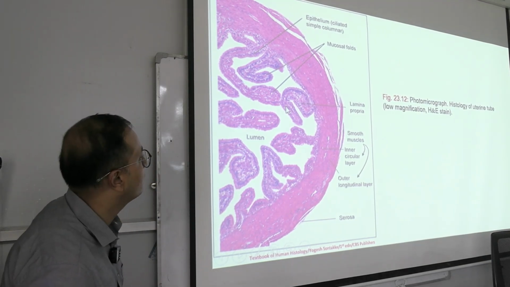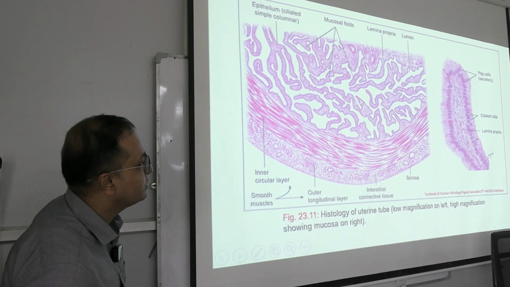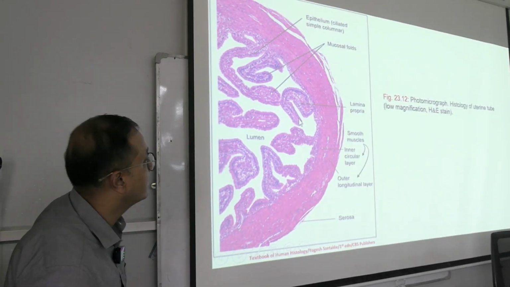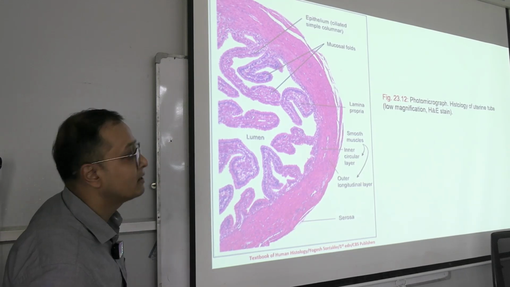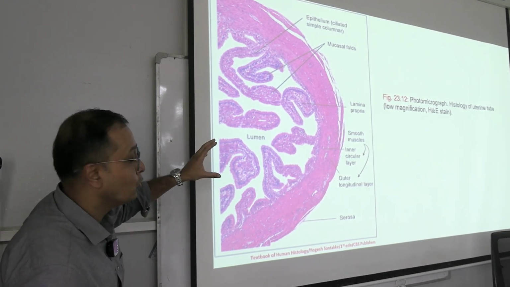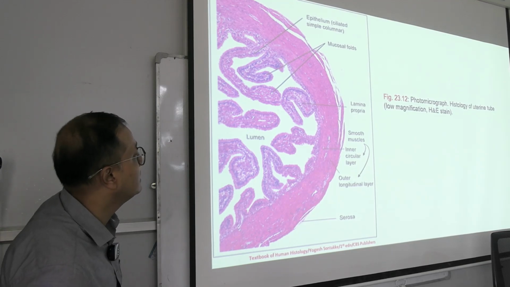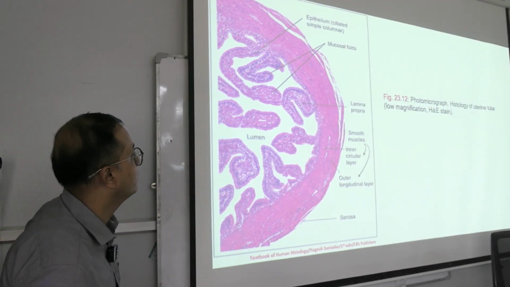These are the hallmarks to identify this. Schematically, it looks like this. In the real picture, it is zoomed out, like 10x magnification. In real microscope pictures, it will be a little less magnified than these pictures.